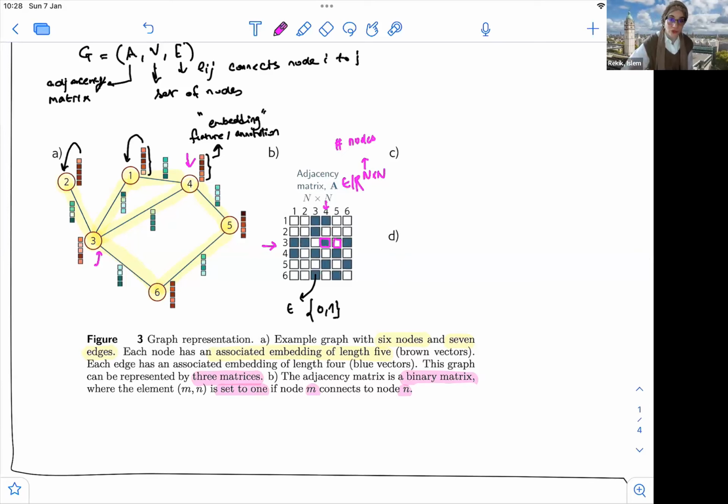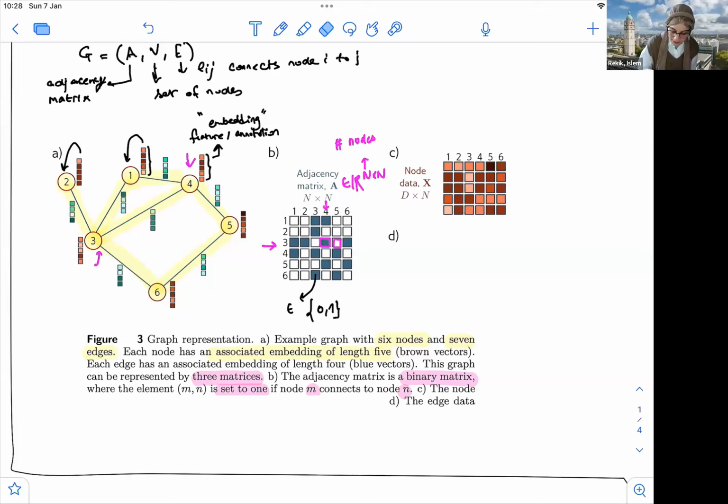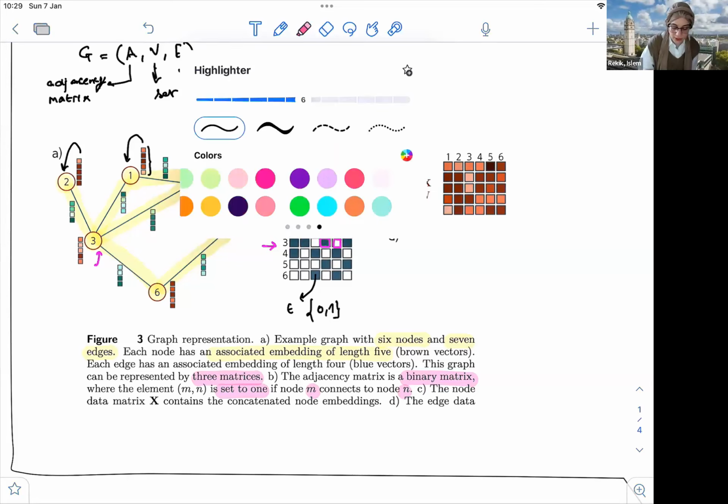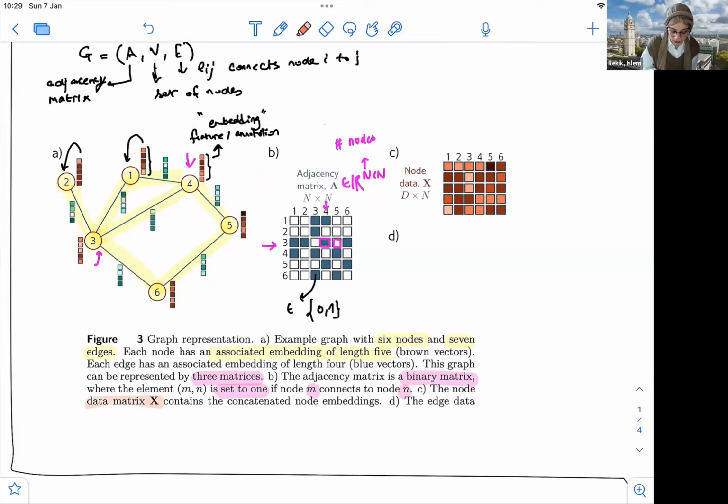Now, if we do have additional information, which is the annotation here, we have an additional matrix, the brown matrix, which stores the embeddings, or contains the concatenation of these node features.